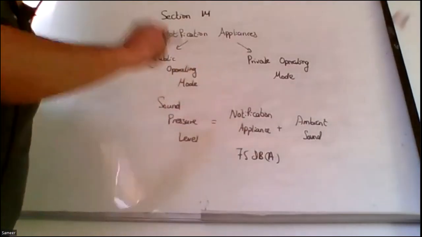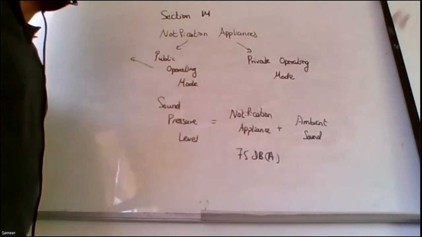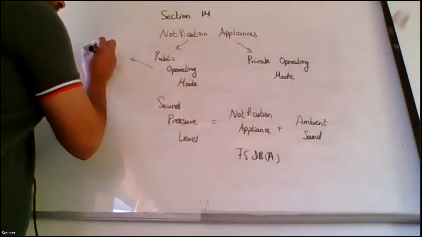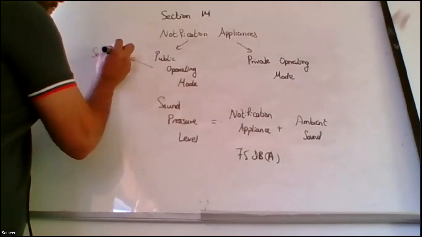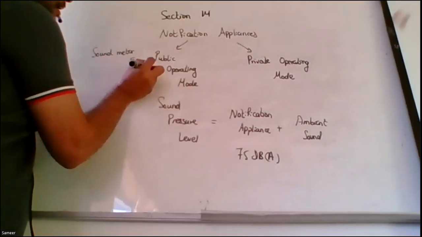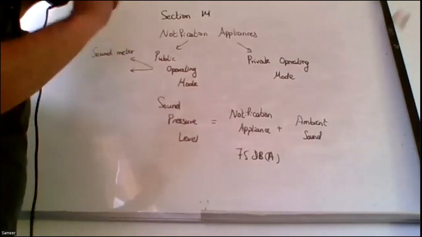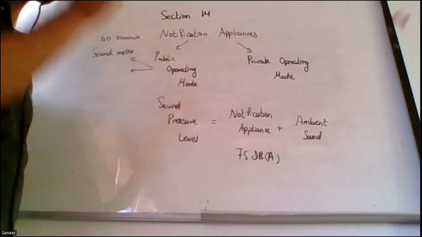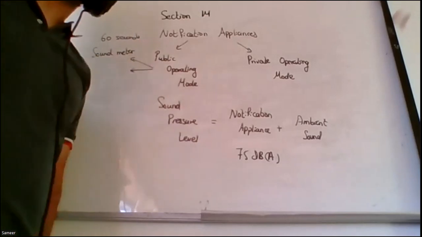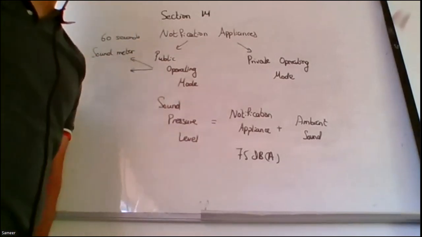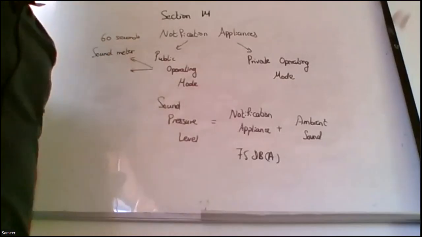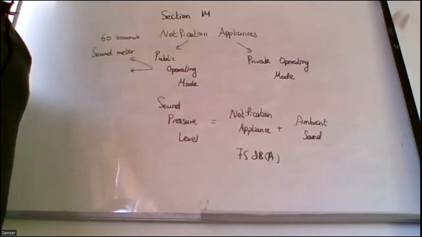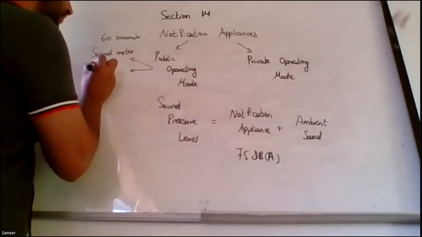Either you measure from the sound meter, say 5 dB or 7 dB, and add that, but that sound should last for 60 seconds. For example, if any drilling is going on, it should last for a minimum of 1 minute. If it lasts for 1 minute, I will add it. If not, I will not add it. Or I will simply add 15 dBA.